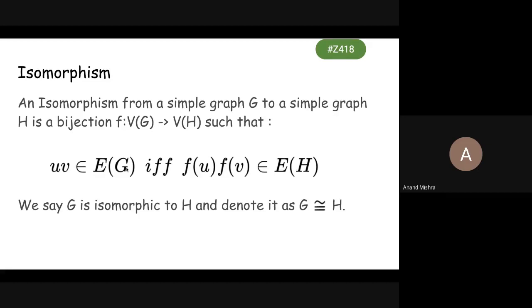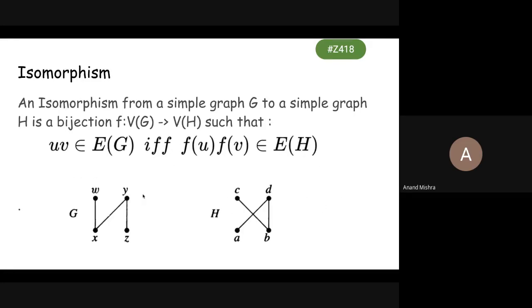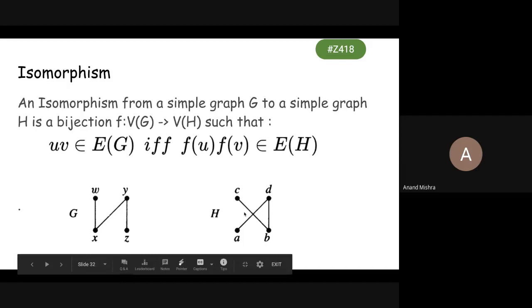Two graphs are called isomorphic if they have a one-to-one correspondence between their vertices. For example, these two graphs look very different, but they are isomorphic, because you can find a one-to-one correspondence between them.